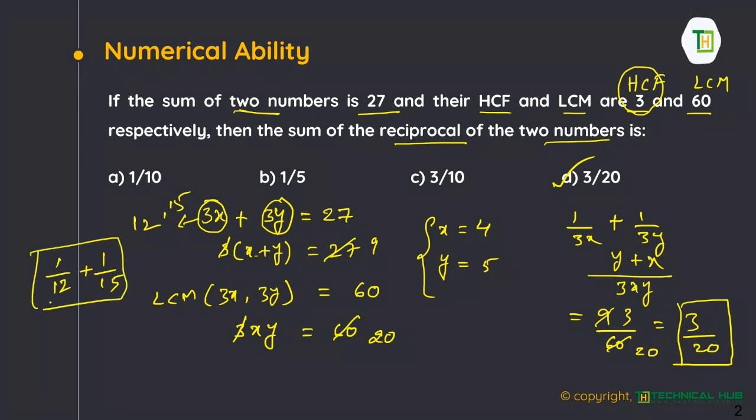This also gives the same result, 3 by 20. You can use any method, that is up to you. But if you directly substitute, as you already know that x plus y is equal to 9 and 3xy is equal to 60, it is quicker. Otherwise you need to calculate the LCM of 12 and 15 again, which is a time-taking process.